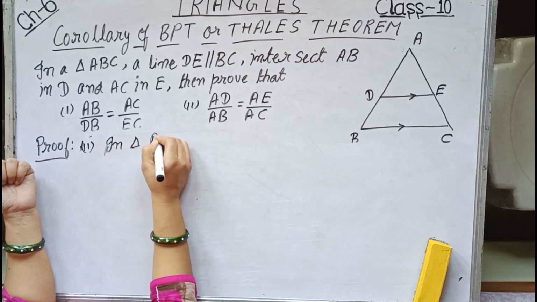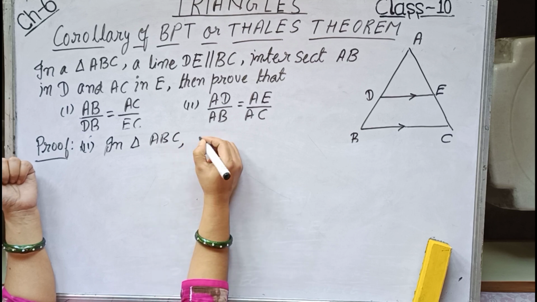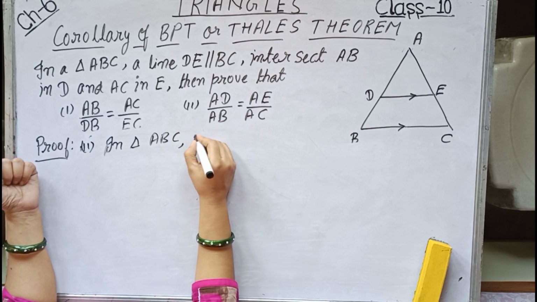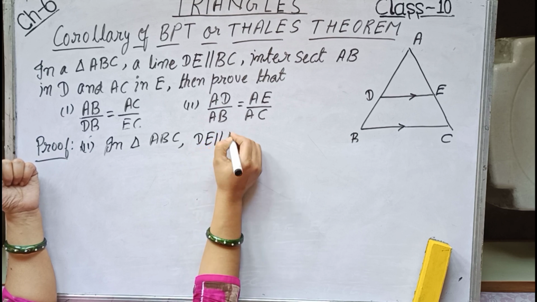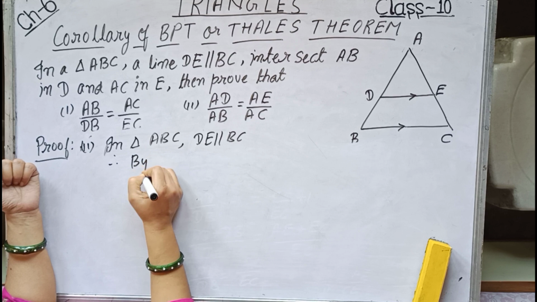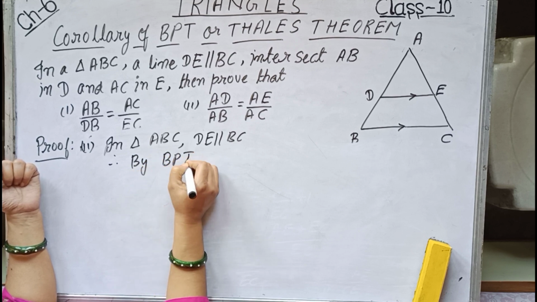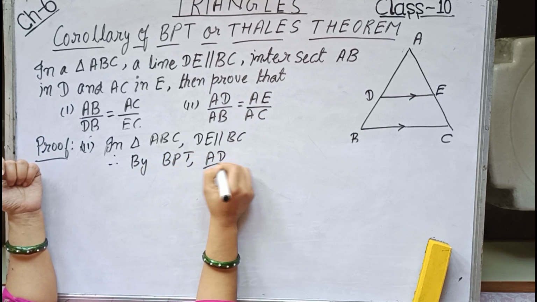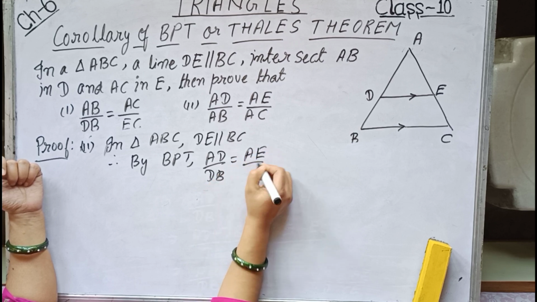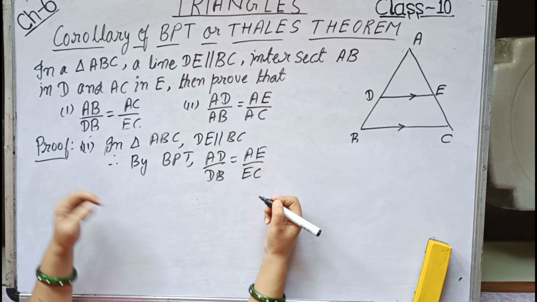In triangle ABC, DE is parallel to BC. Therefore, by BPT, AD by DB equals AE by EC.